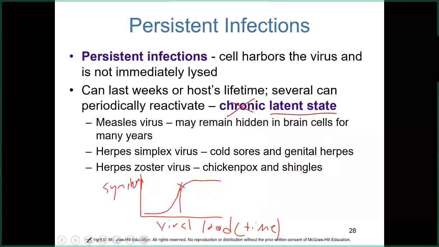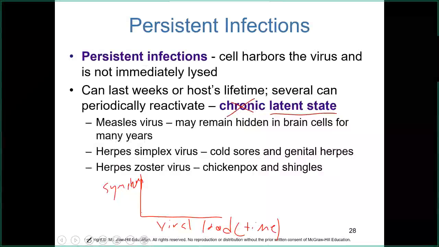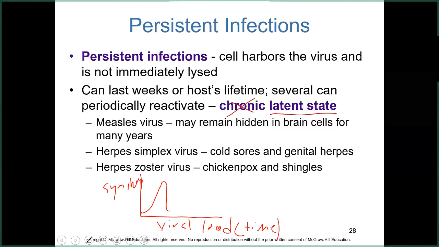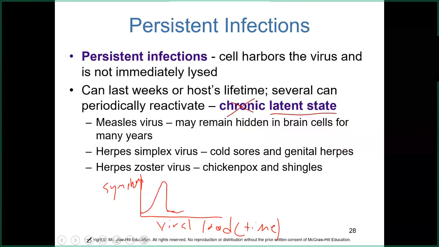And the key is, you become symptomatic right about here, and then you exhibit fewer signs. Now the signs start to diminish, and you go back to a condition where you're no longer symptomatic. Now you still harbor the virus. And so that's a state of dormancy.